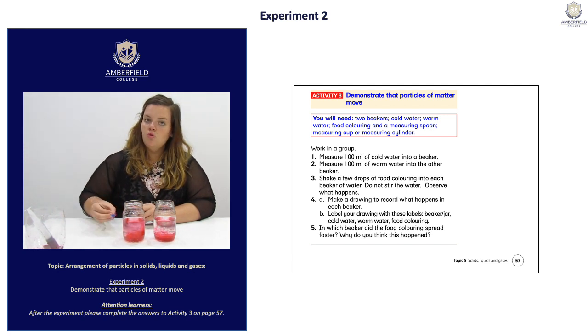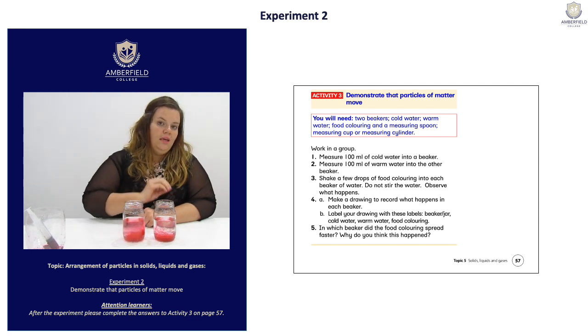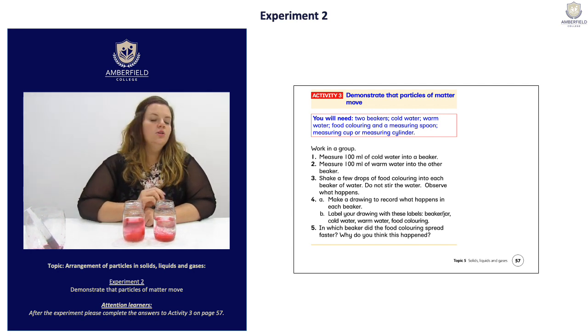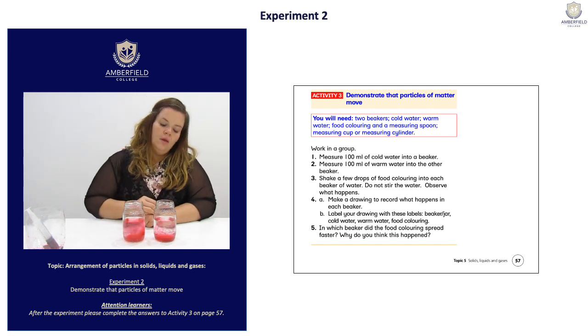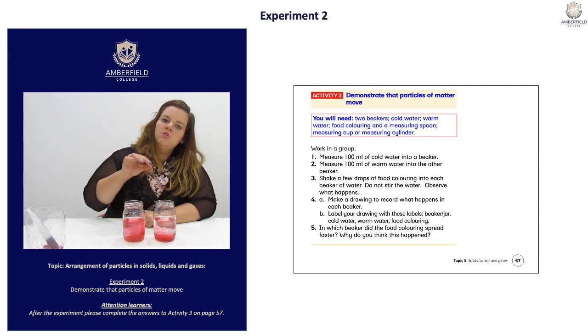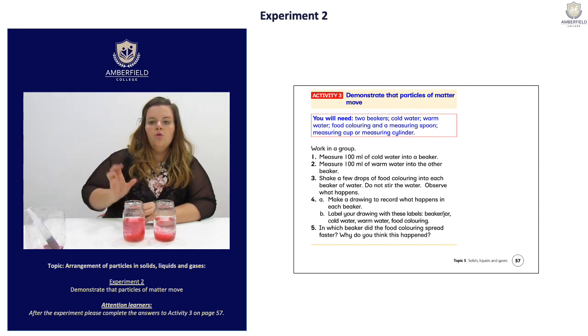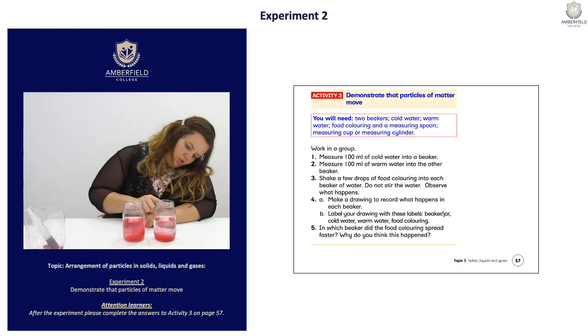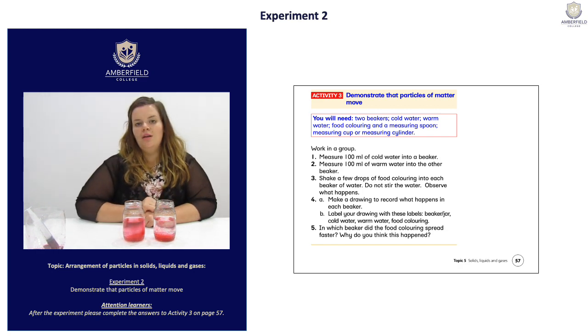This is because the water was warm. In jar B, the food coloring did not spread as fast. It took a while. You can still see in jar B, there's a little something like cloud or specks of color that has not yet spread.